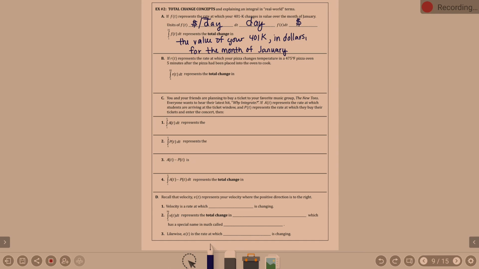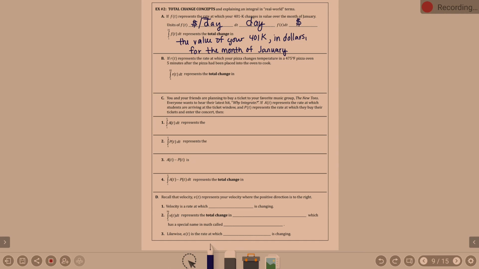Over what time? After 5 minutes of putting it in till 20 minutes, from T equals 5 minutes to 20 minutes. And what kind of change is this in? Degrees Fahrenheit, if we want to be specific, yes.